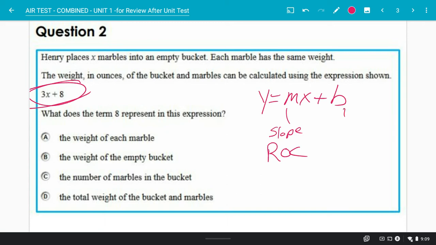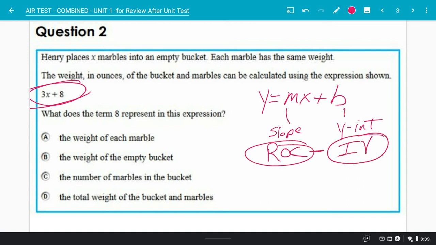What is b? Yeah, it's the y-intercept. But what's another name for it? The initial value. I like these names. To be honest with you, I only started using them a couple years ago. But I like those names because when we talk about real applications or word problems like this one, that makes a lot more sense. Rate of change and initial value.